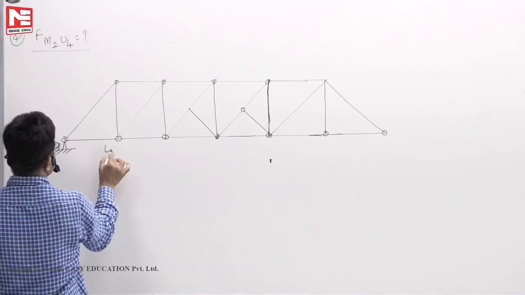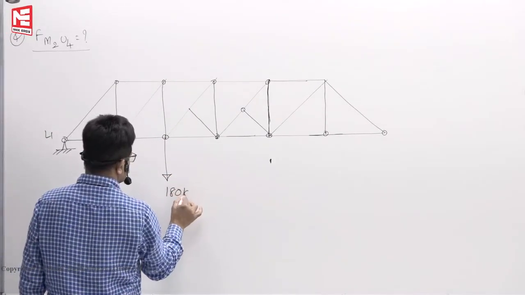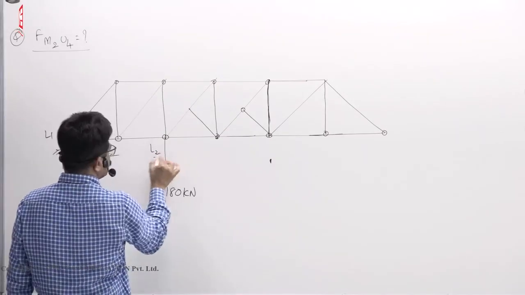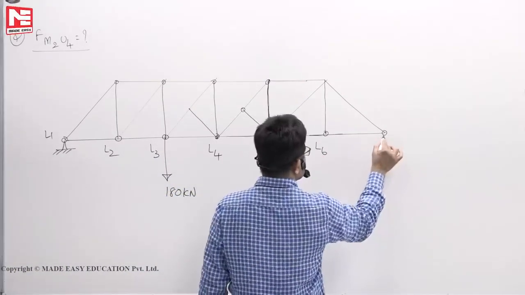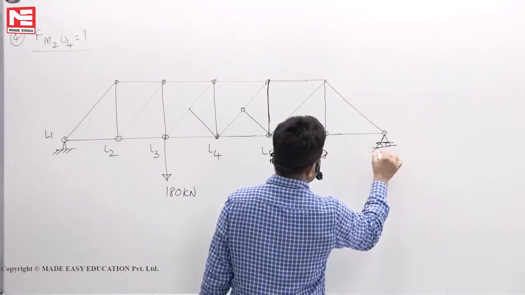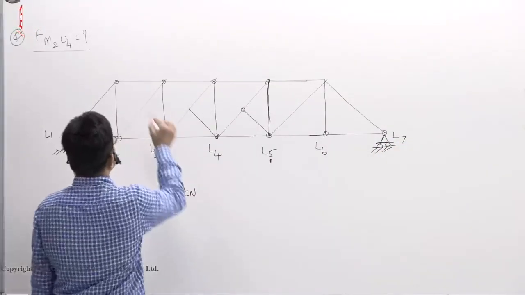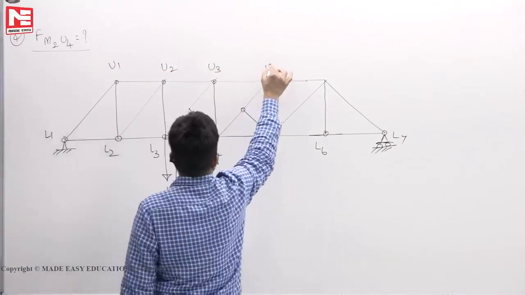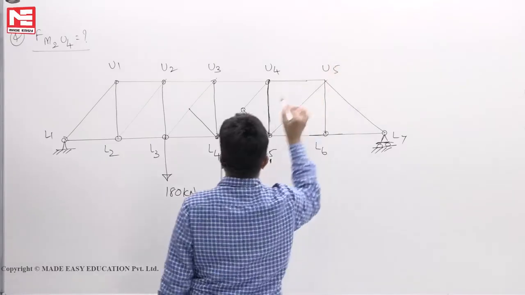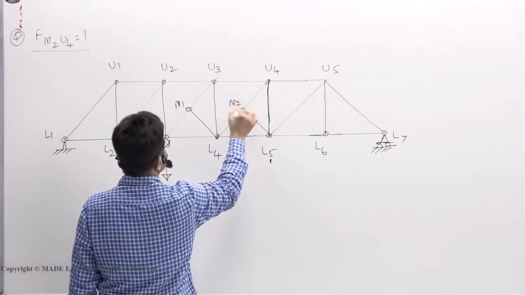This is L1, L2, L3, L4, L5, L6. L means lower chord node; we call it a lower node. Upper nodes U1, U2, U3, U4, U5. These are middle nodes, so M1, M2.